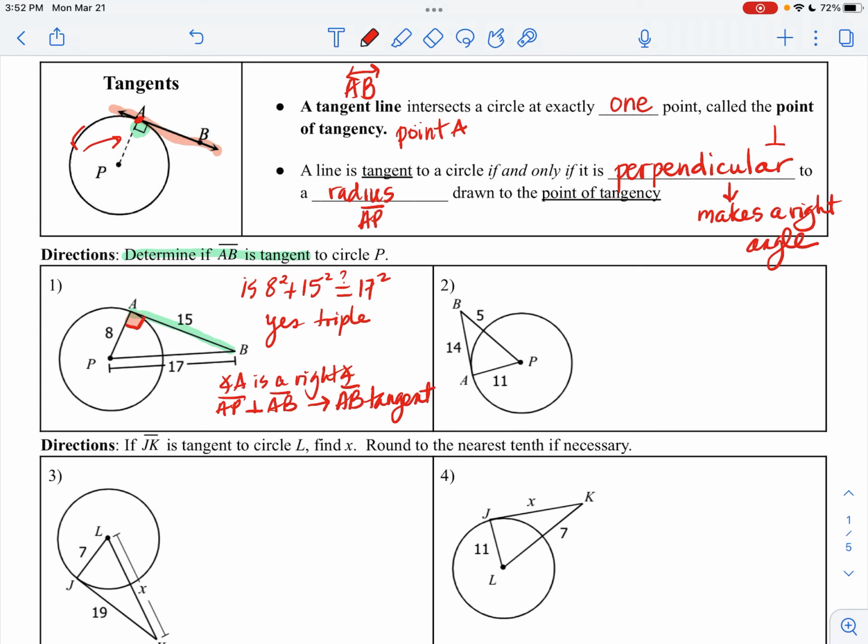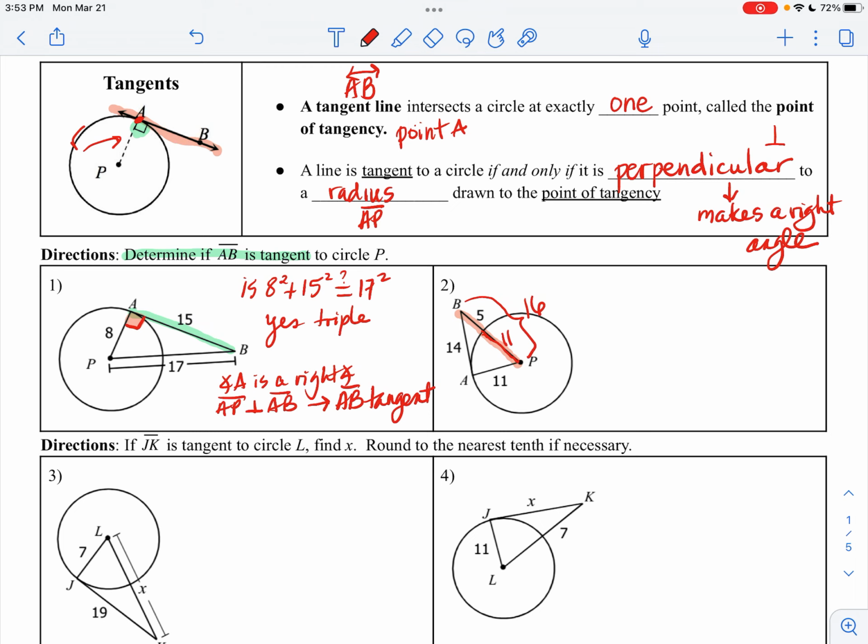Okay, so in number 2, we'll use a similar logic. This one's a little bit trickier in that if you notice, this side here is not giving us the length. But we do know that if 11 is a radius, this part of it has to be 11 as well because it's also a radius. So this side is actually 16.